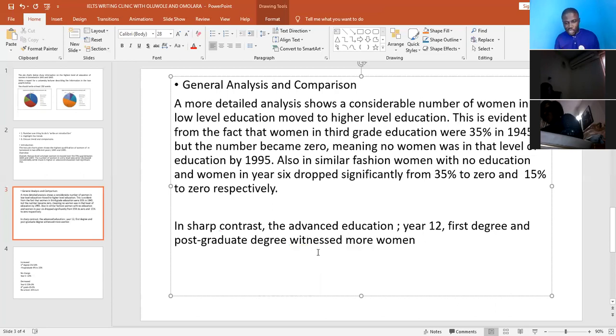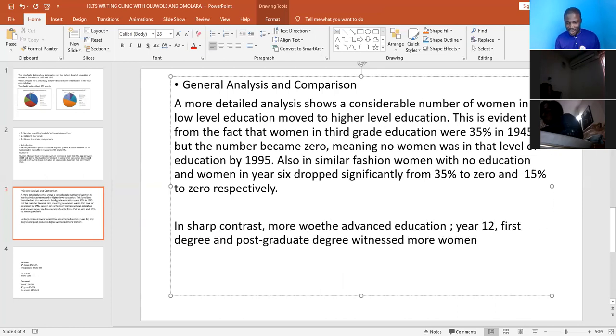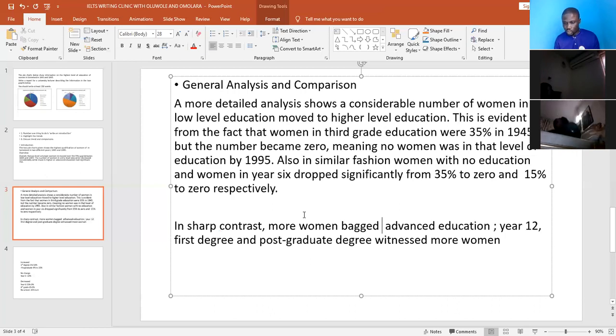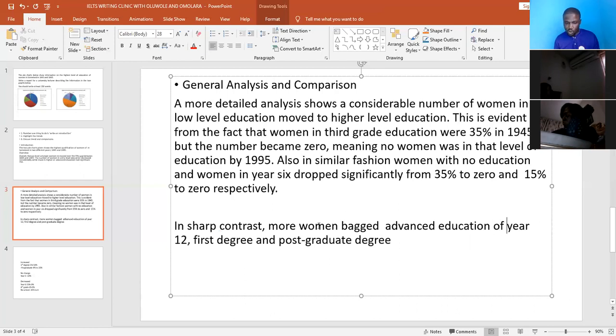In sharp contrast, more women backed advanced education, okay, advanced education of year 12, first degree and postgraduate degree.